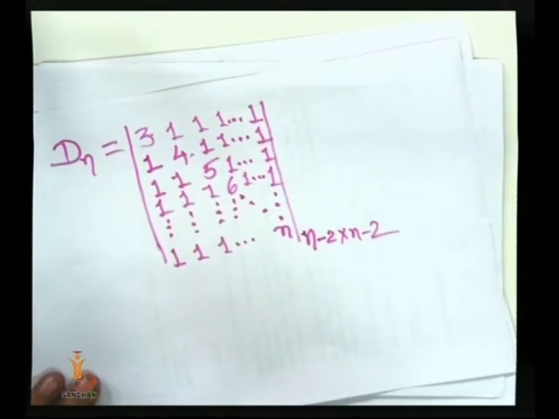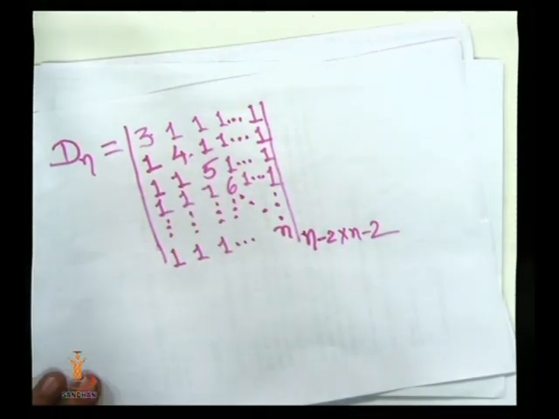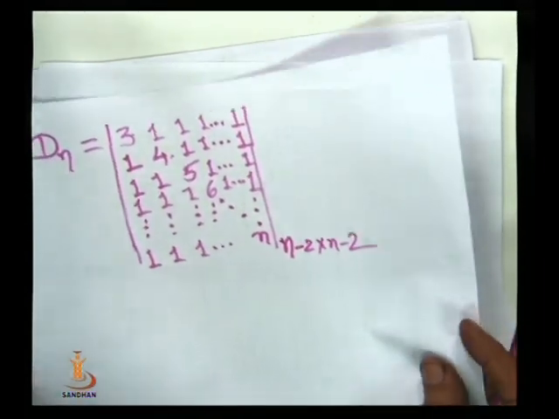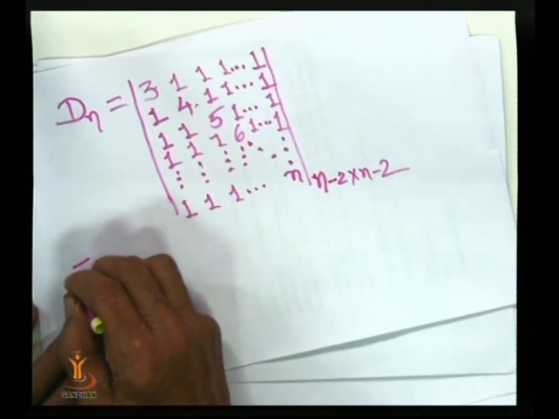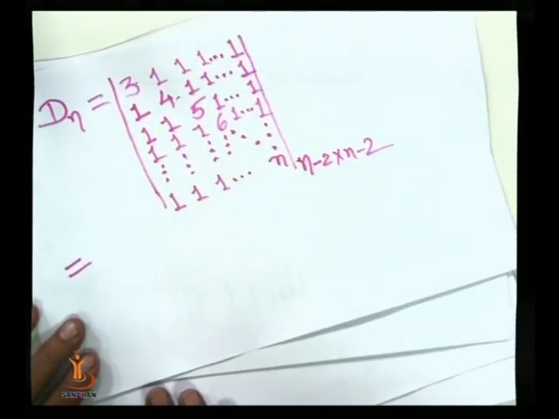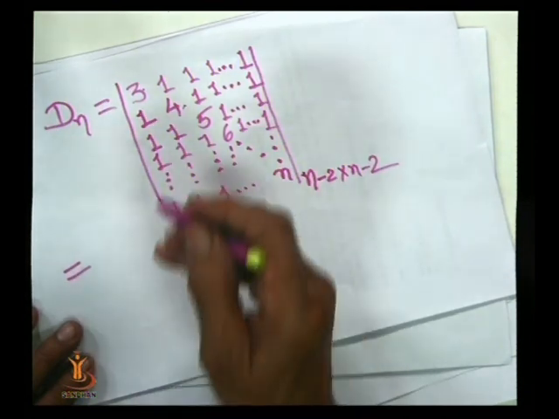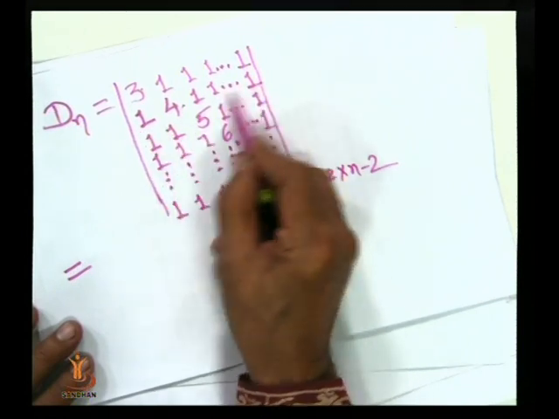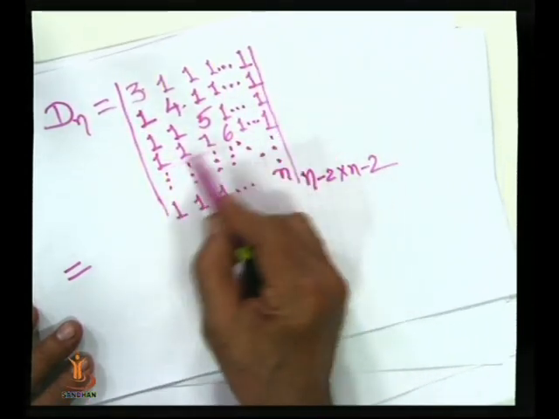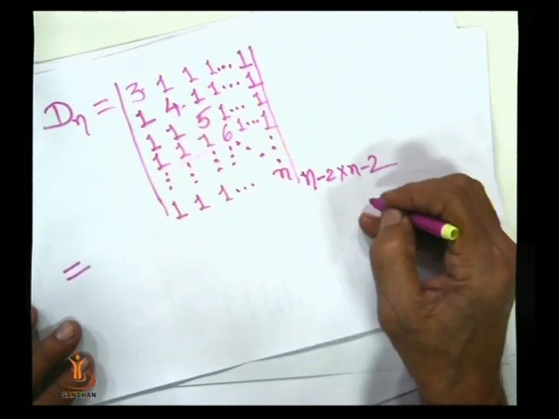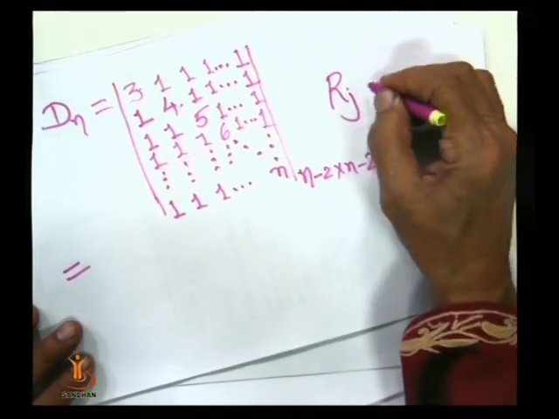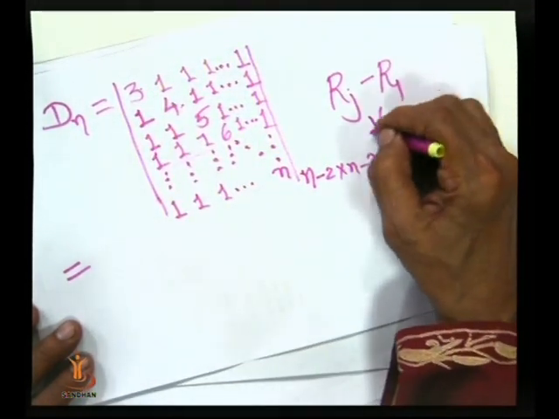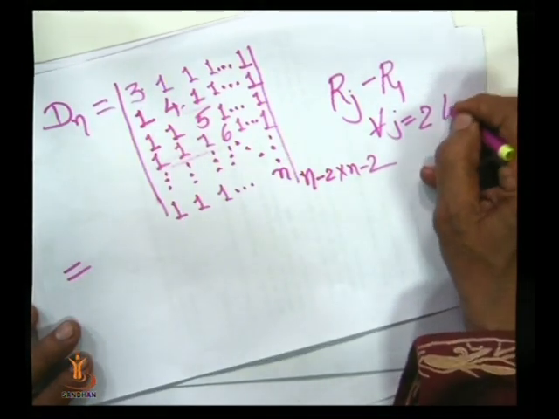Now let me show how to expand this, how to find the value of this determinant. Because it is difficult to expand this determinant directly, what I do is, from each row, from the second onwards, that is Rj, from each row I subtract the first row, for all j from 2 to n.